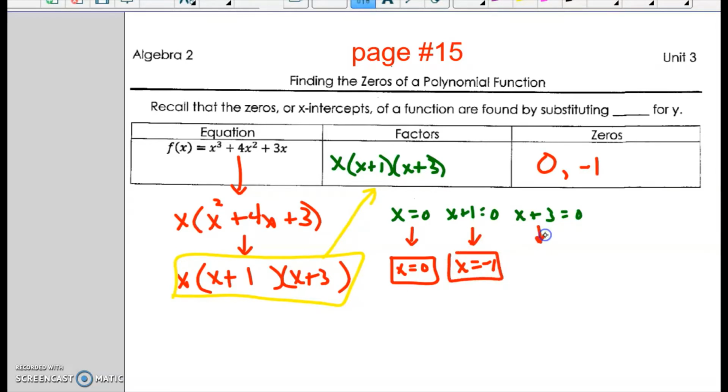And then the third answer was x equals -3. So before the break, we learned to factor, and we learned to solve, and we learned synthetic division. So we can recall that the zeros or x-intercepts of a function are found by substituting in 0 for y, and then solving it.